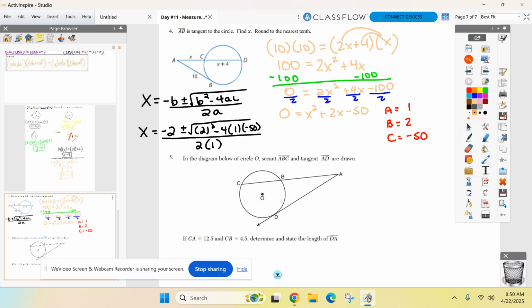And then we'll talk, does it make sense? Look at your diagram. Does it make sense for one of these answers?